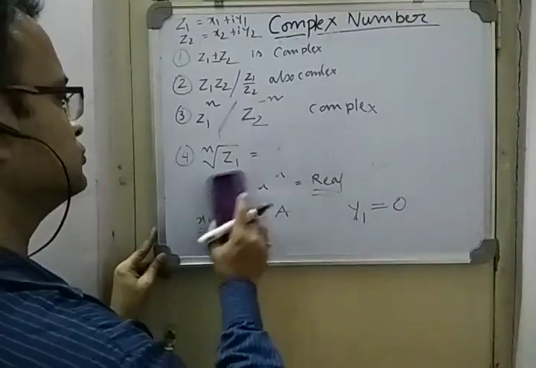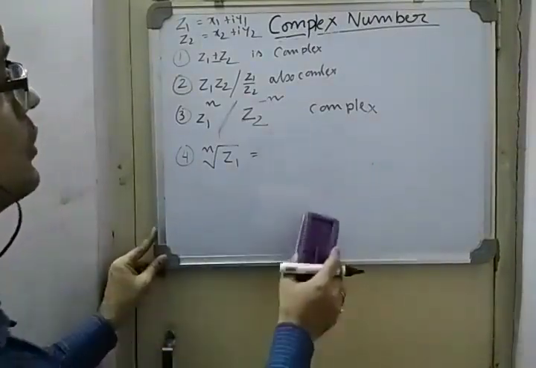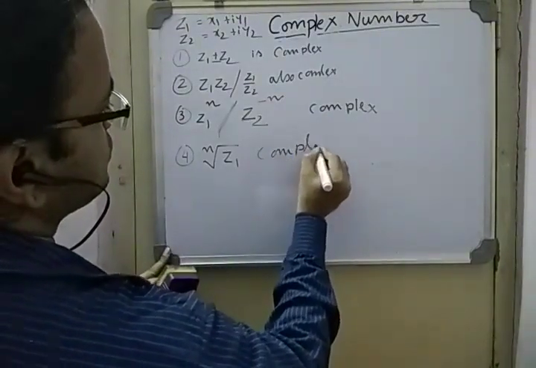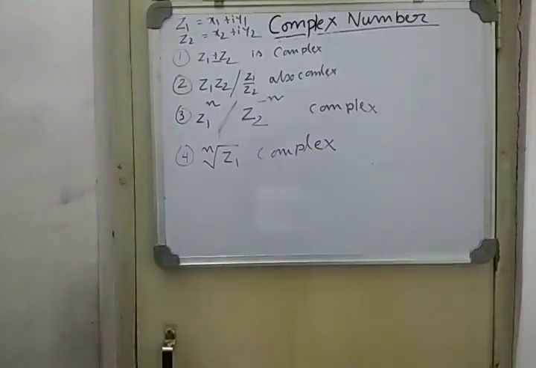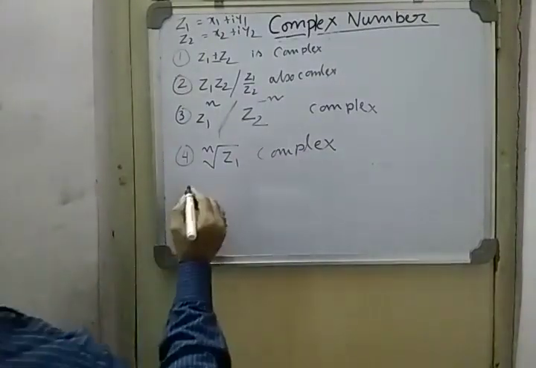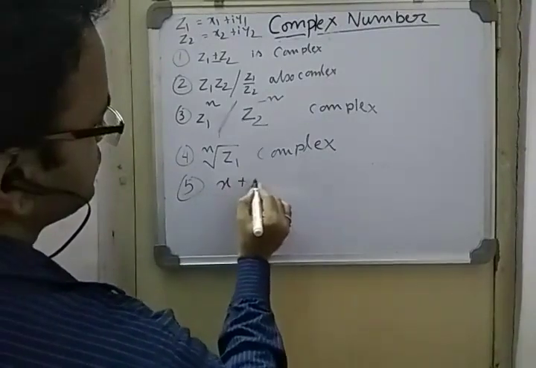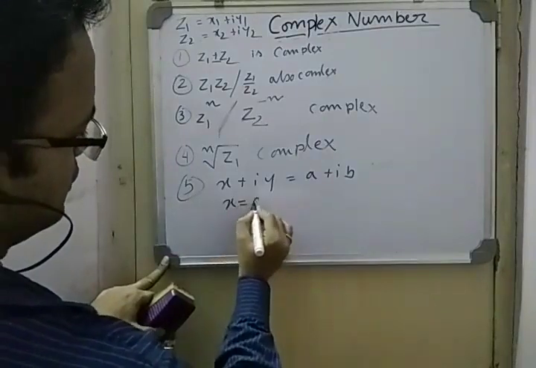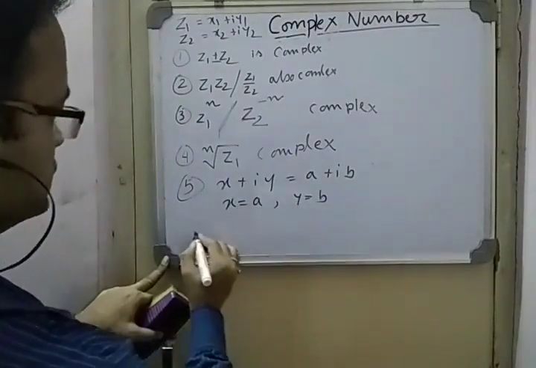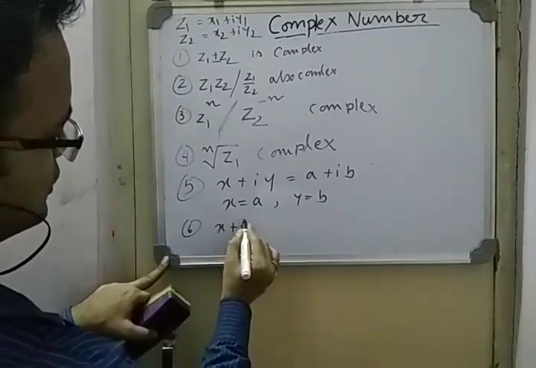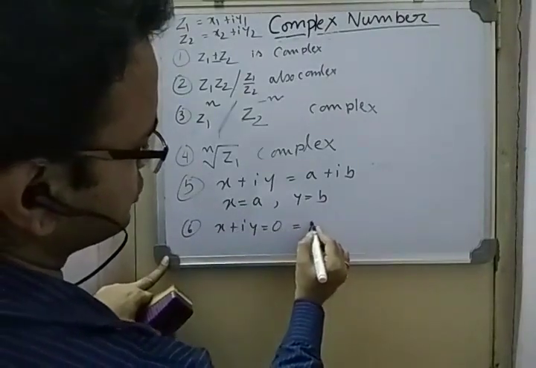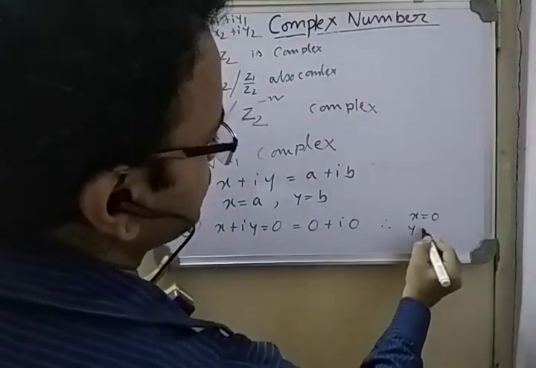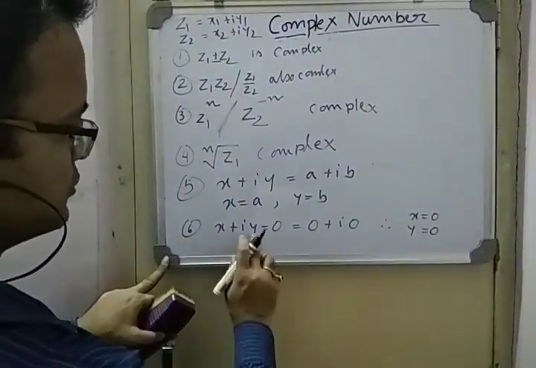We have other ways also to prove this, but this is complex. Now we have already seen x plus i y; if it is a plus i b, then equating the real part and imaginary part, we can say this. If x plus i y equals 0, that means we can write 0 as this. The same comparison gives real part with real part and imaginary part with imaginary part.